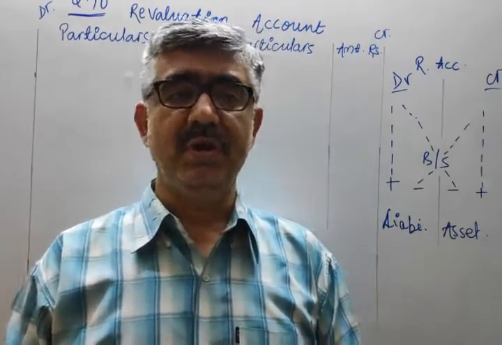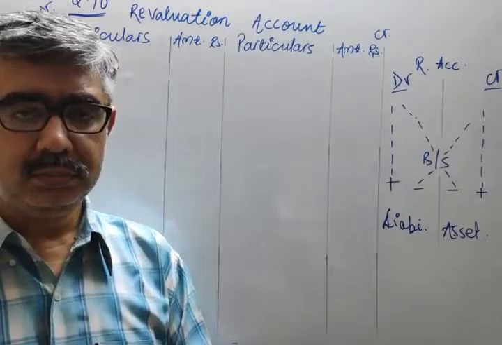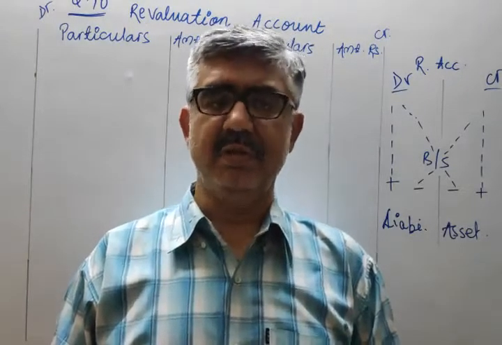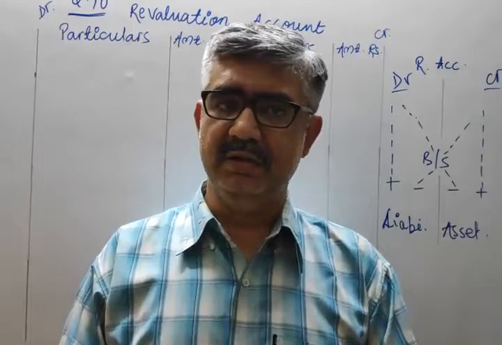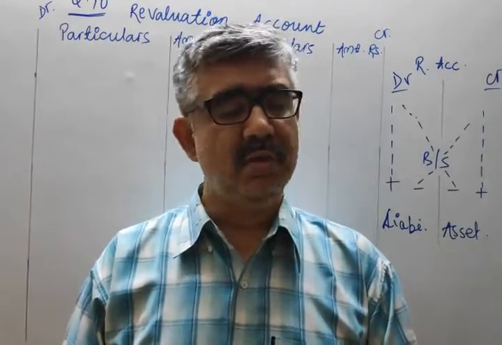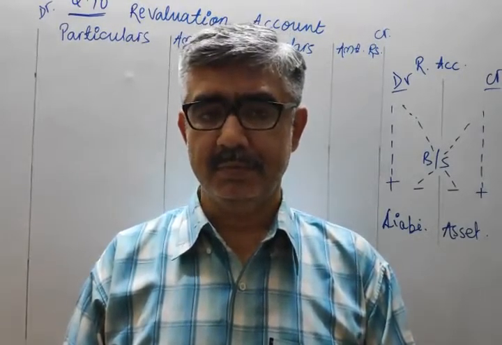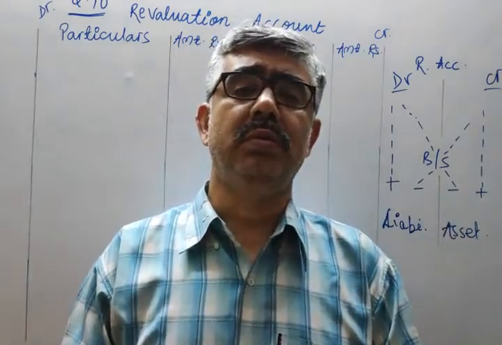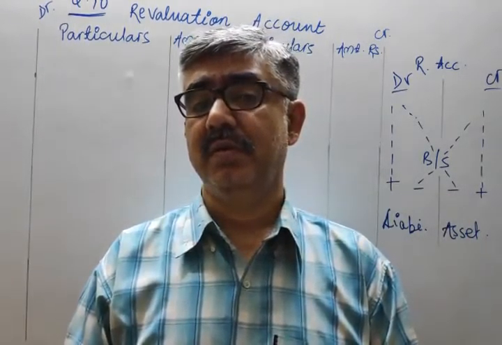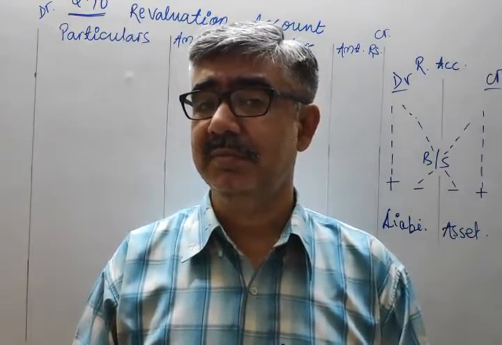So what does it mean? Suppose in the balance sheet, bills receivable is given as rupees 20,000 on the asset side. Now there is no instruction in the adjustments. What does it mean?